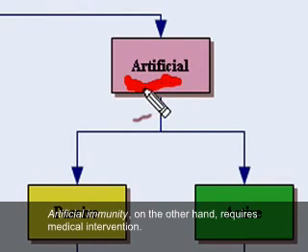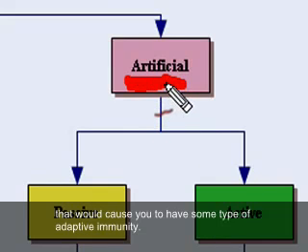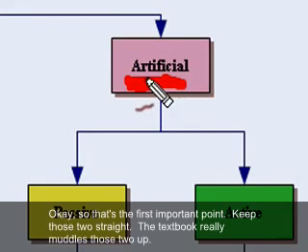Artificial immunity, on the other hand, requires medical intervention. There is something that the medical science would do to you, usually an injection, a shot or something, that would cause you to have some type of adaptive immunity. Okay? So that's the first important point, is keep those two straight.